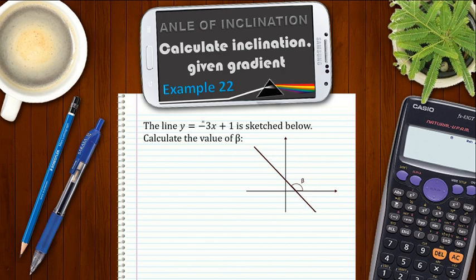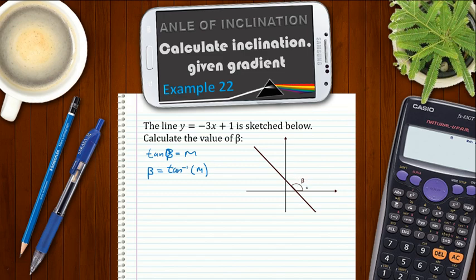So when you use your formula, tan theta equals the gradient, and you substitute in a negative gradient, we want beta. So beta will then equal tan inverse of gradient. Now when I substitute in a negative gradient, you're going to get a negative value for beta.